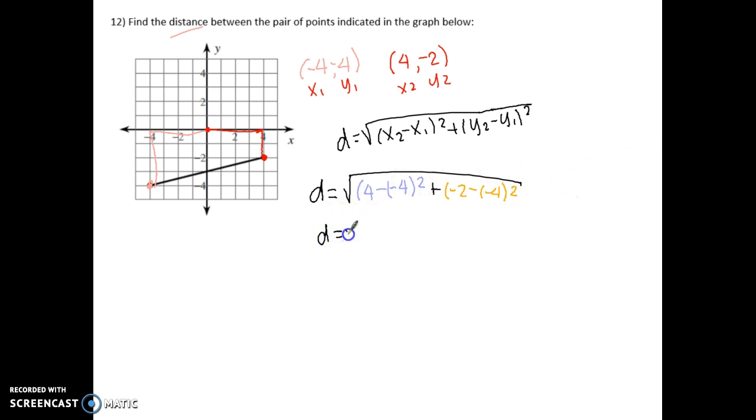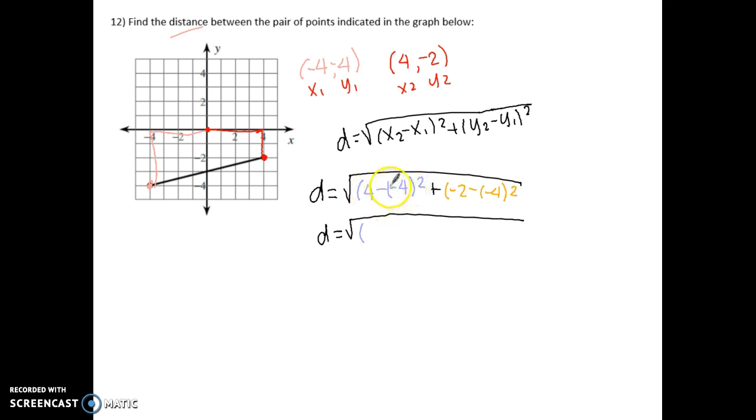We say d is equal to the square root, and we do everything inside the parentheses first. So we go ahead and grab the purple color. And we do 4 minus -4. Take a second to do this on the calculator if you can't do it in your head. Alright, so you should have gotten 4, that actually turns into a plus, right?